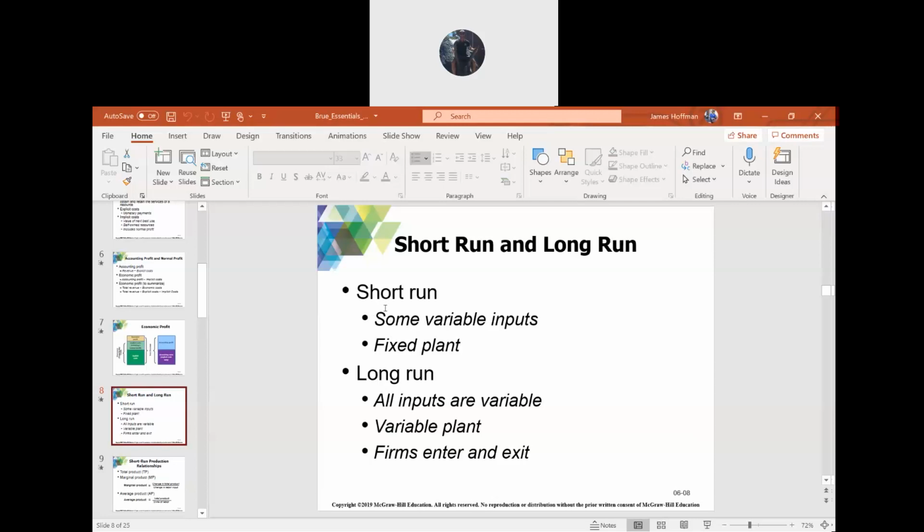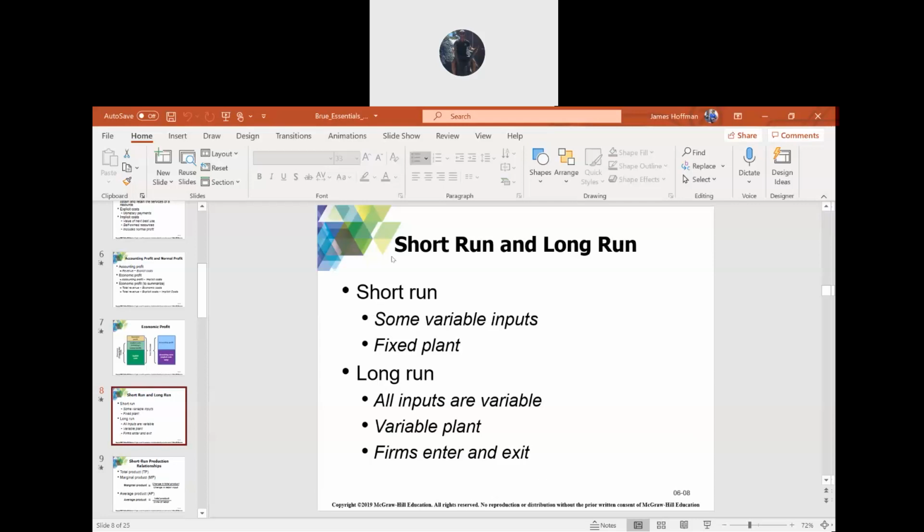Maybe you can do that very quickly. So in some industries, the long run is a much quicker period, but in some industries like farming, the long run is 6 months or a year. So it depends on the industry, but the qualifier here is that in the short run period, only labor can be changed. In the long run period, everything can be changed, labor and plants.